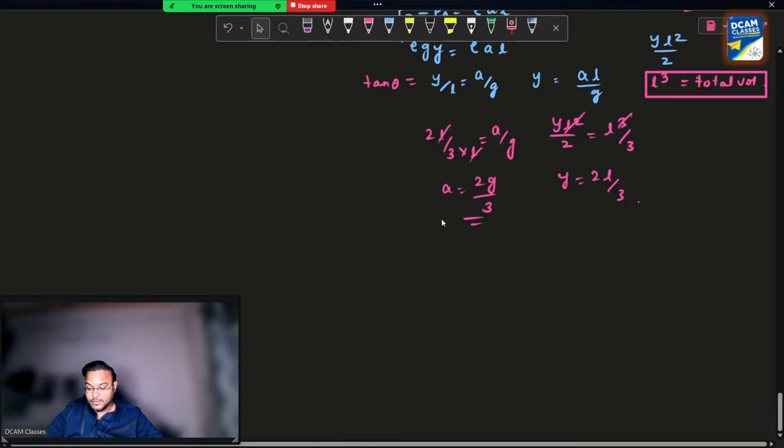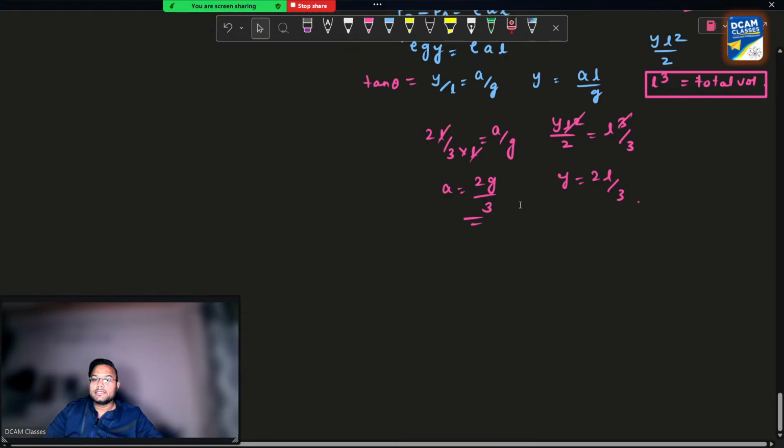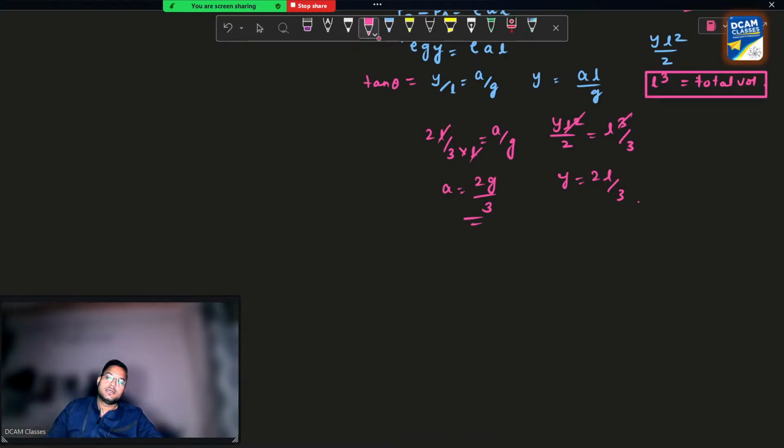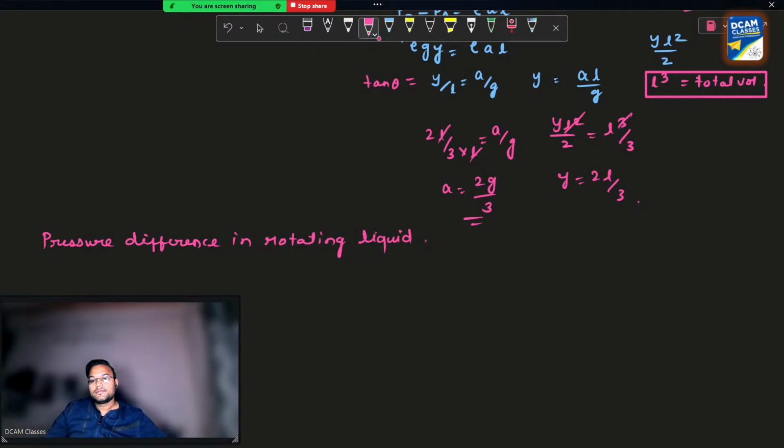Acha, in the next class I'll tell you about pressure difference in a rotating liquid. You must have observed, no? Whenever you rotate something, the liquid tries to spill out from the corners. It makes a parabolic path.